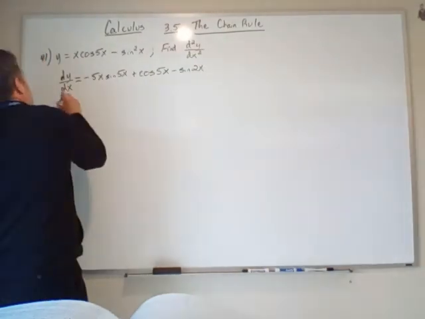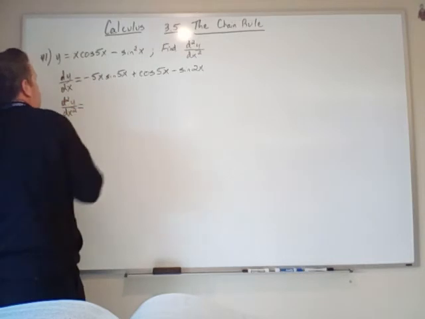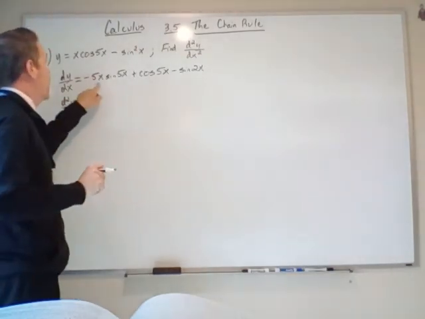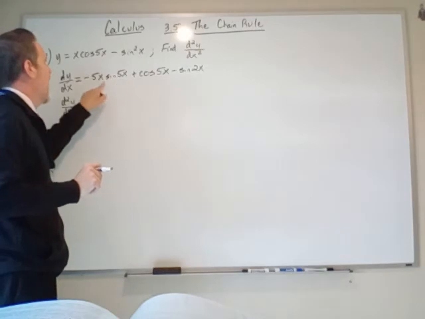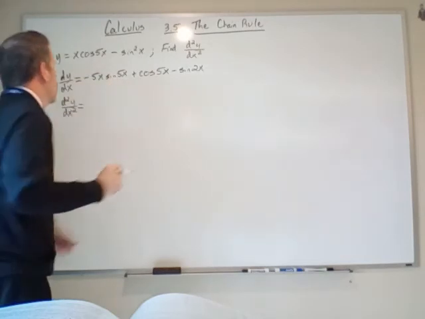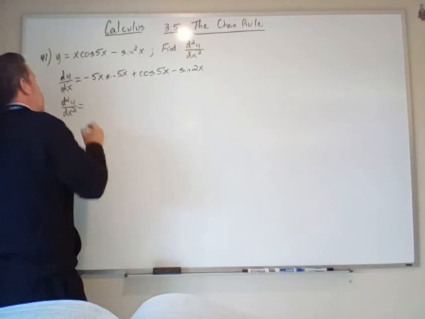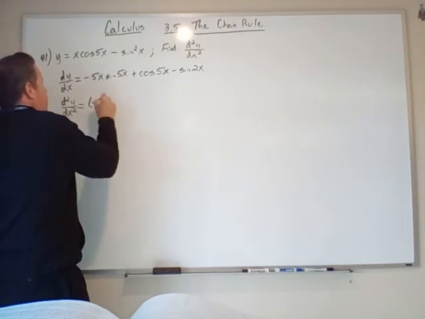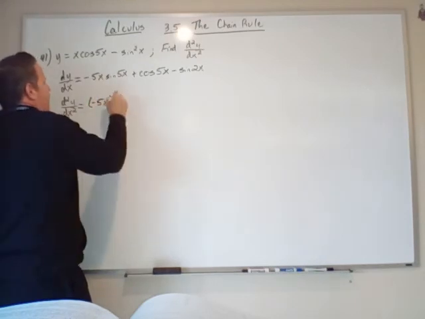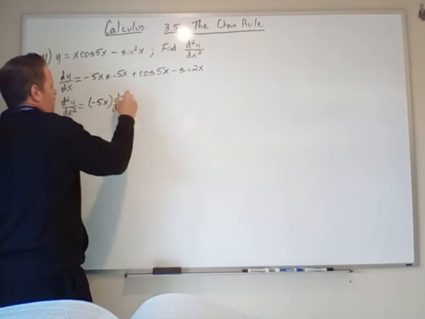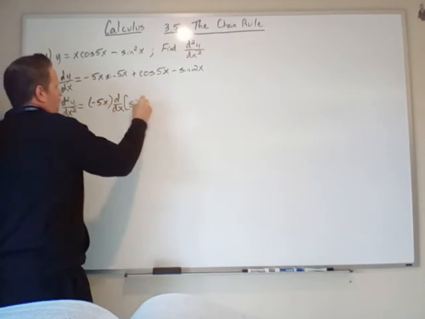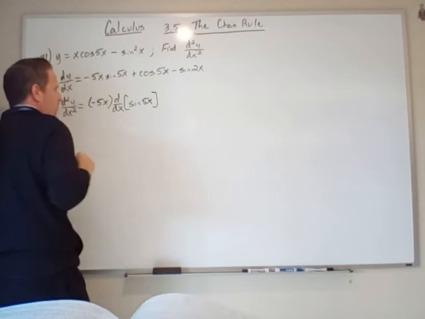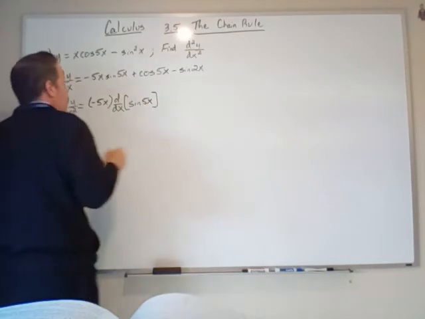Now I'm going to find d squared y over dx squared. Okay, so I've got negative 5x sine 5x. I need my product rule here, 1d2 plus 2d1. So I've got 1, negative 5x, times the derivative with respect to x of the sine of 5x. Looks like I need the chain rule for that piece.